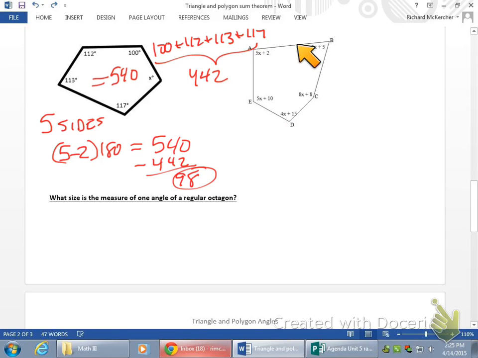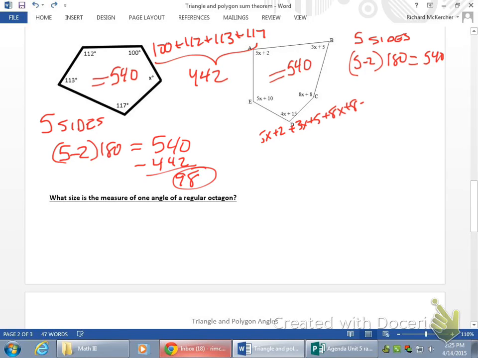This one also happens to have 1, 2, 3, 4, 5 sides. So 5 sides tells us that 5 minus 2 times 180 is still 540. And now, of course, I need to add up all these angles. It just is algebra instead. And again, I'm not going to show all that work, but you combine your like terms, you end up getting x equals 20.